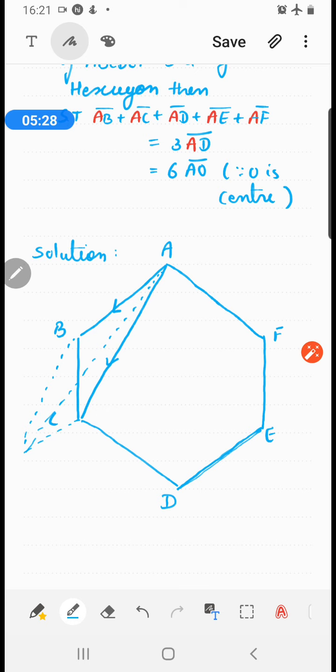So this combination does not work. I repeat again, we can construct a parallelogram using AB and AC, but it is of no use because we want AD as the diagonal. So now let's change the combination.